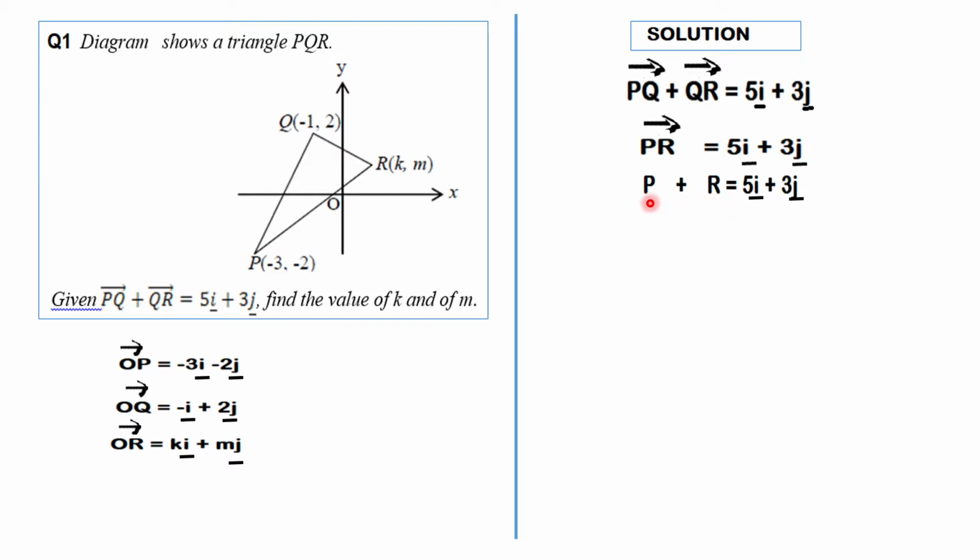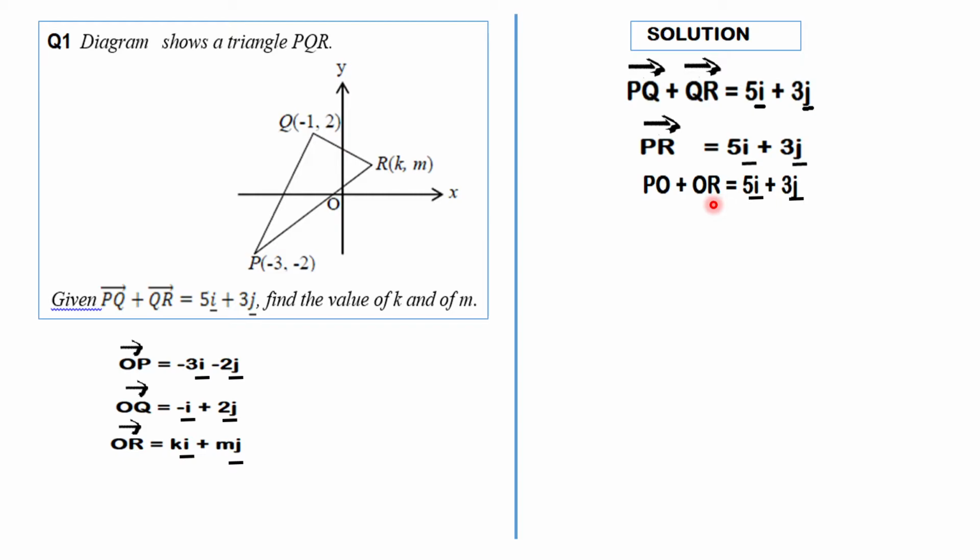The first vector will start from P and the second vector will end at letter R. In the middle you have to put in a letter, and the best letter to put in will be O. Remember, the middle letters have to be the same in order to get the resultant vector. So PR can be written as PO plus OR.